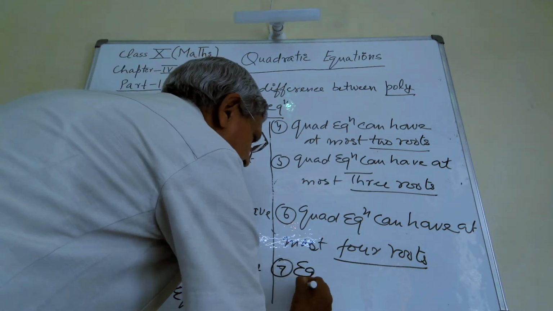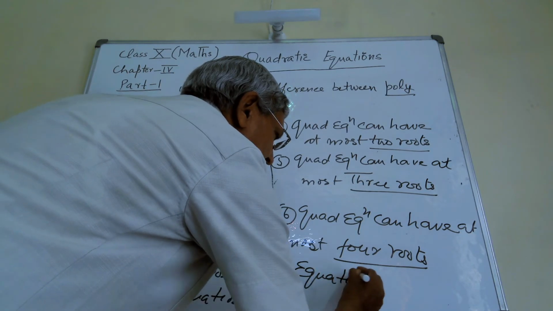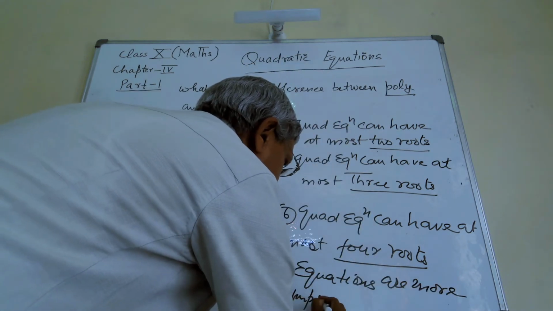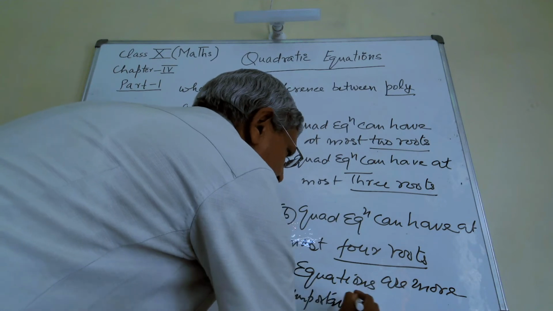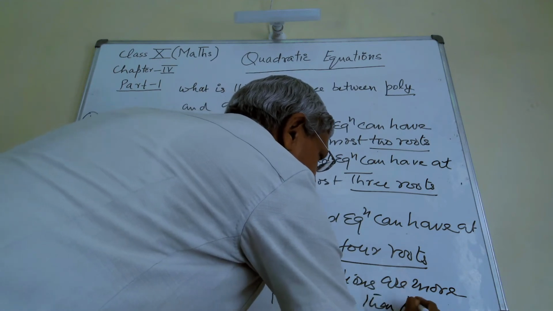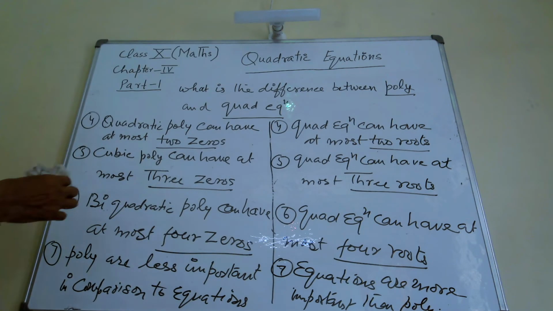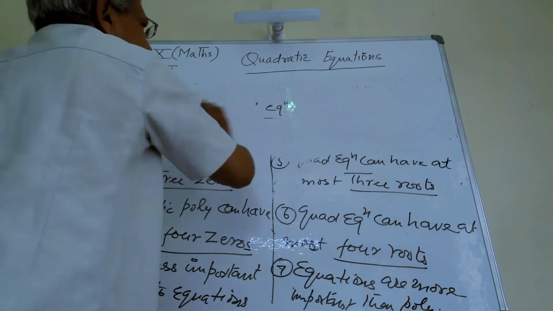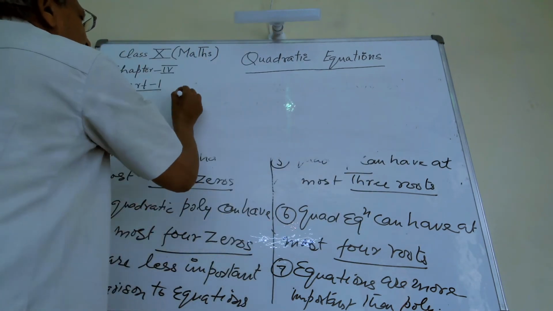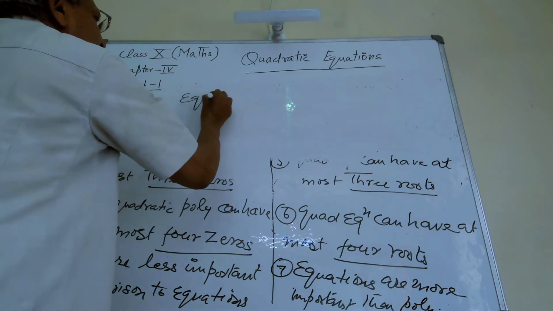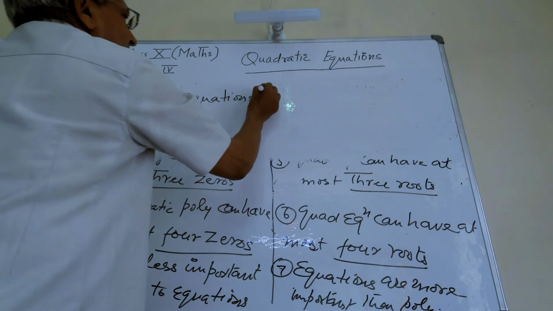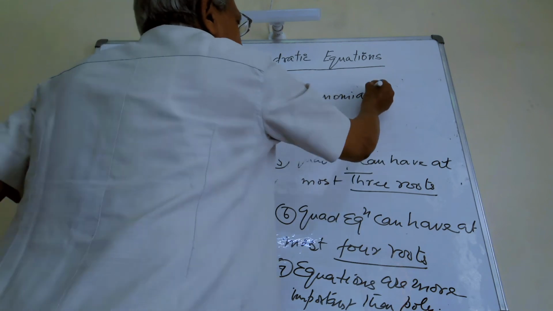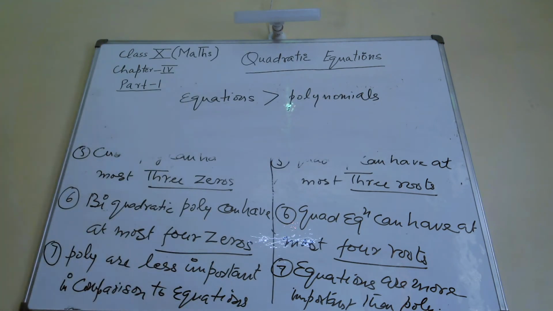Equations are more important than polynomials. In mathematical form, it can be written as equations greater than polynomials. This is the mathematical form.